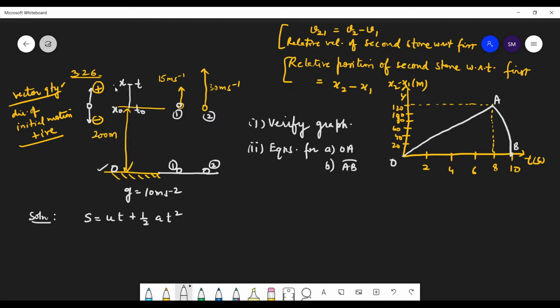This is your displacement S, time 0 to t.